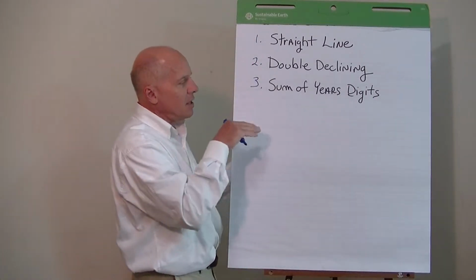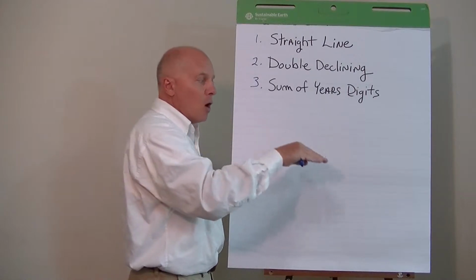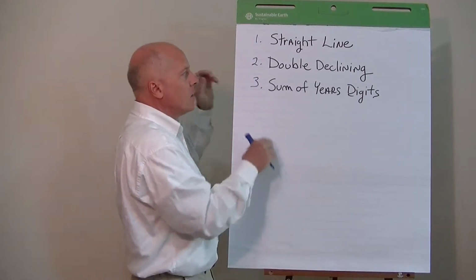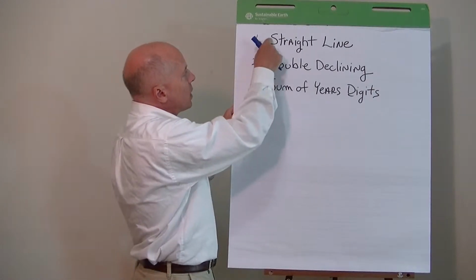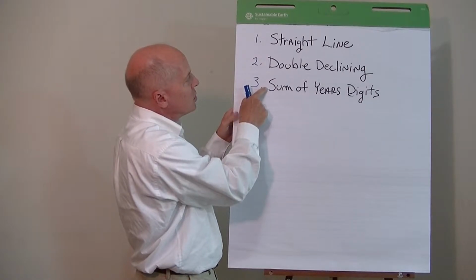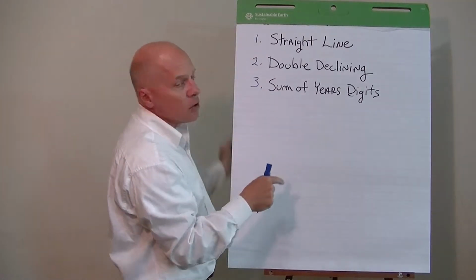And if you have an asset that declines in value somewhat, but holds its value over most of its useful life, this is in between straight line and double declining balance. So this is the sum of years digits. It falls in between these two methods.